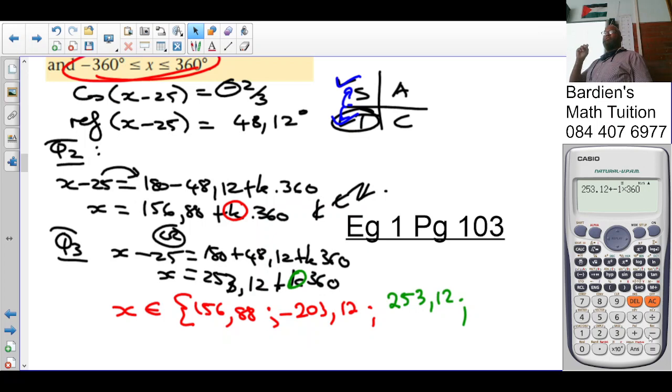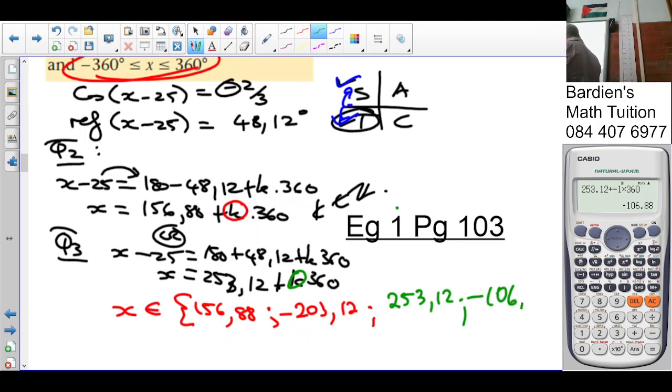If 1 was within, then I would have put 2, then 3 and so on until it doesn't satisfy anymore. So it's −106,88. If I put −2 in, it's going to be outside again. So that is where we stop.